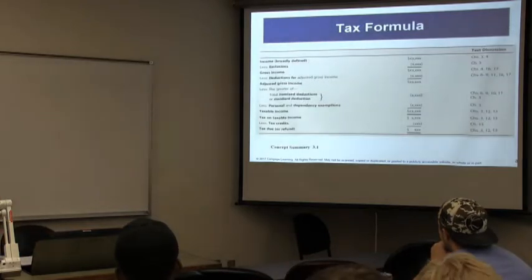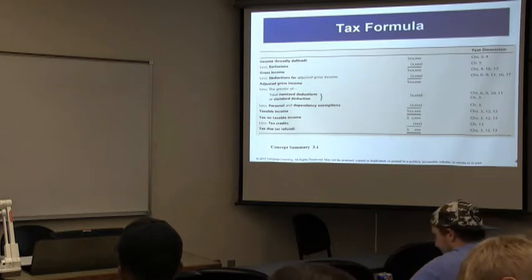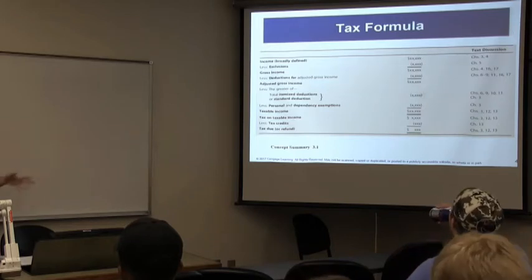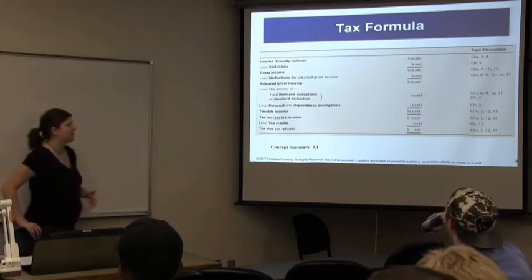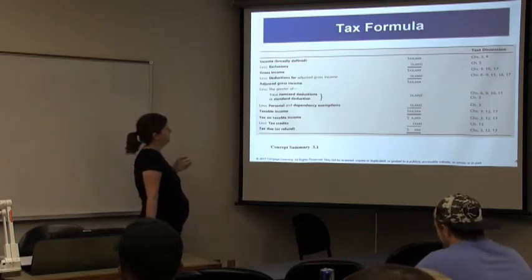Okay. So, like I said, in the last chapter, or maybe it was chapter 1, I said we will come back to this tax formula. And here we are coming back to it. We'll see it again and again. This is the formula that we use for calculating individual income tax.